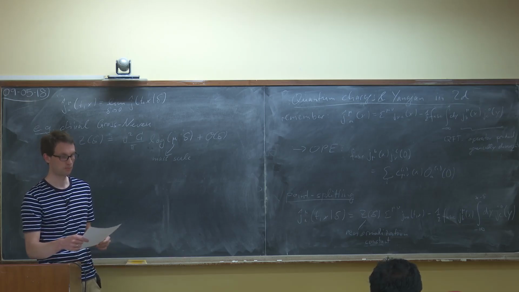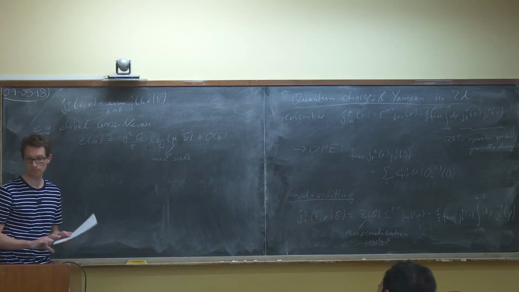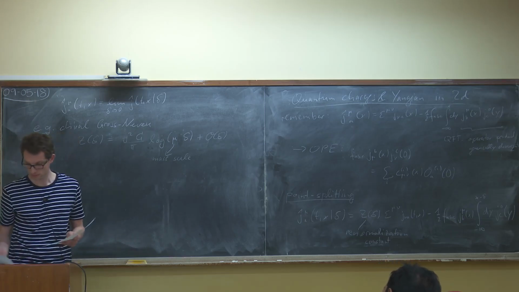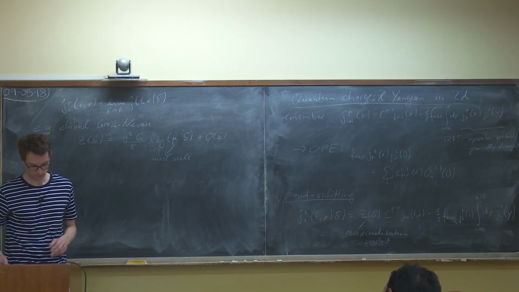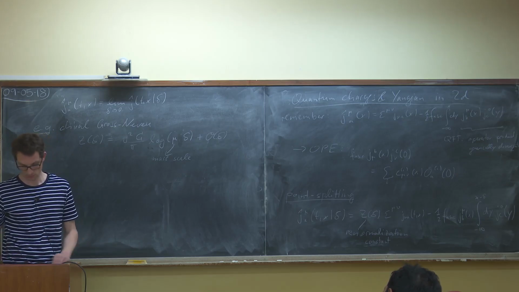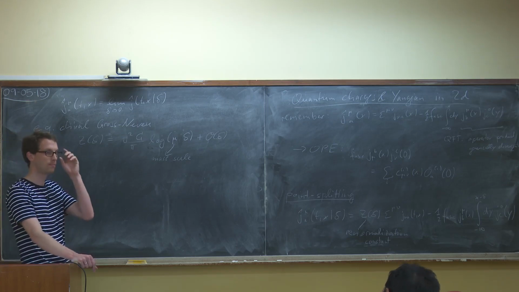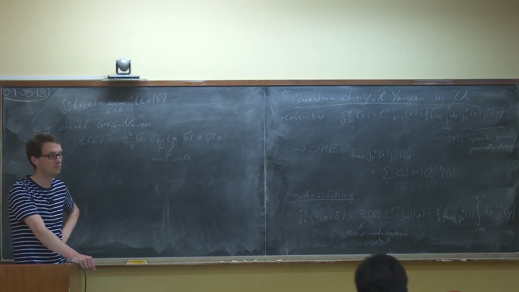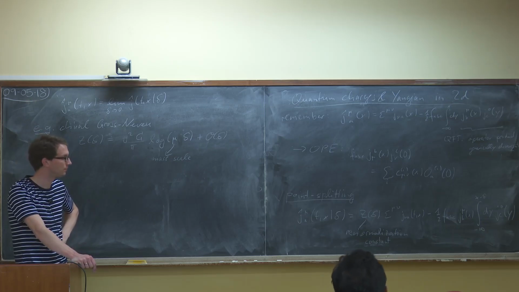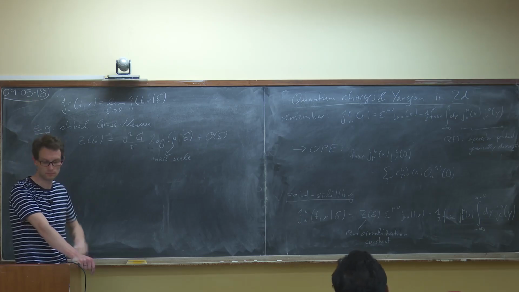Okay, I don't remember what happens to it. If you just look at conformal symmetry, if I have JJ, then it's reasonable.